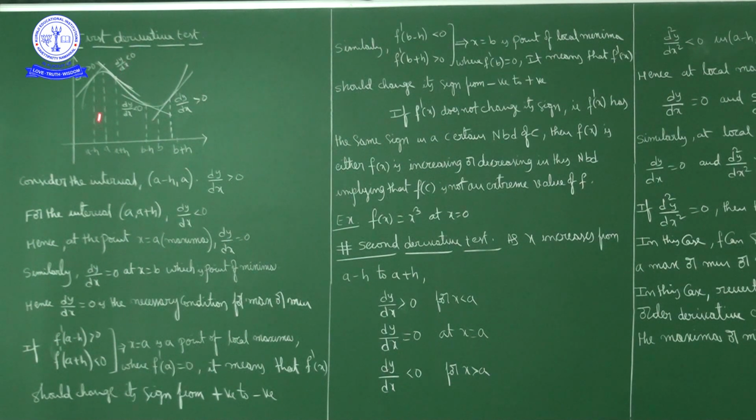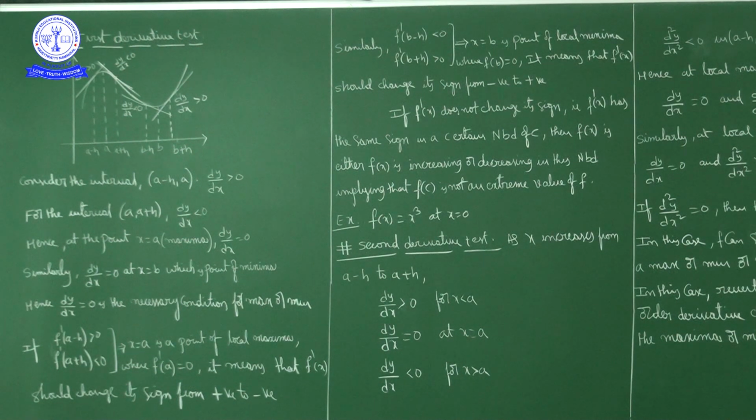Minus here, from a minus h to a, dy/dx is positive. Now the final quantity is negative minus the initial quantity positive, so negative minus positive is negative again. So the numerator is negative.